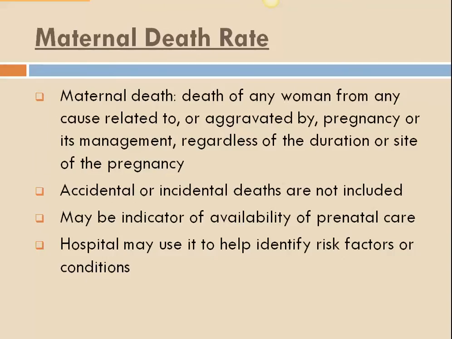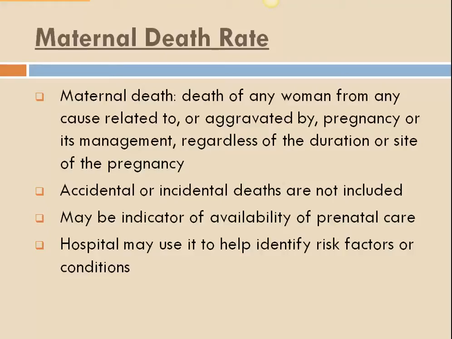Okay, last rate for this tutorial is the maternal death rate. Maternal death is defined as the death of any woman from any cause that's related to or aggravated by pregnancy or its management, regardless of the duration or site of the pregnancy. And site meaning whether it was an ectopic or a uterine pregnancy. Accidental or incidental deaths would not be included.